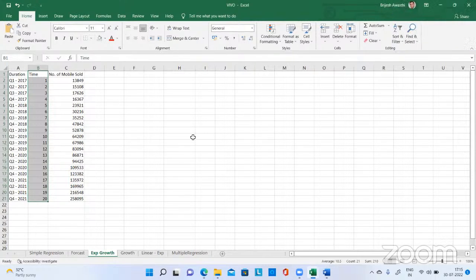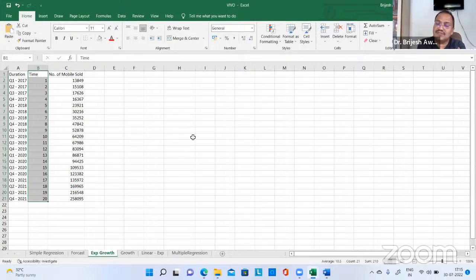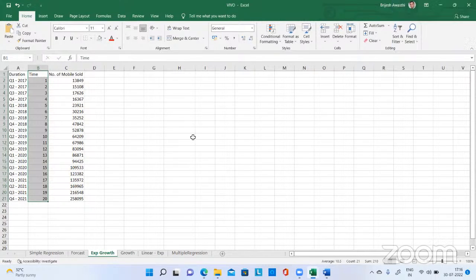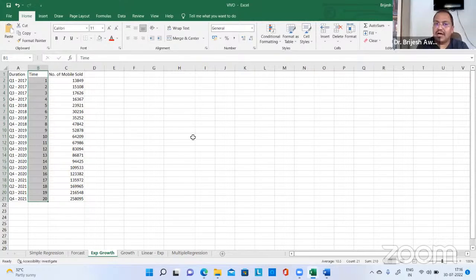Because we are going to talk about only one factor, that is time. And when I'm talking about time, definitely I will look at the nature of the data. If you remember, yesterday I showed you different types of charts. In time series, in different types of charts, you have to understand whether there is a trend or not.